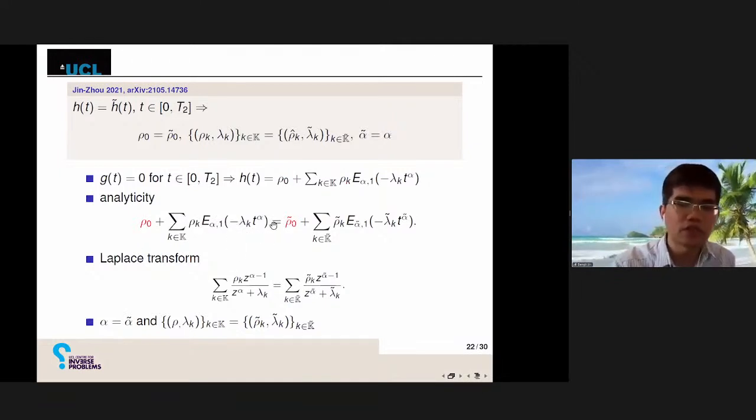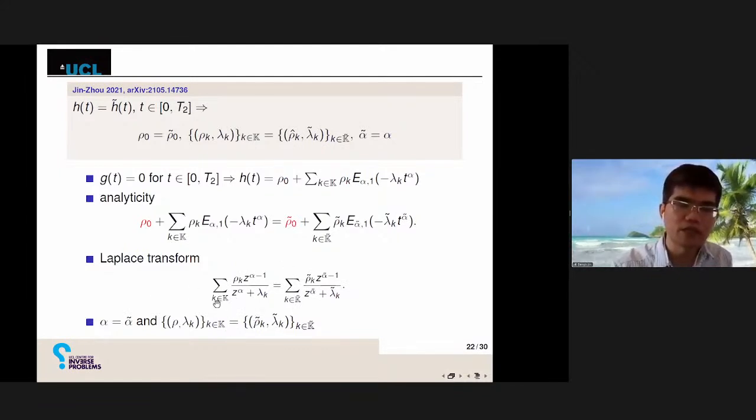For the remaining term, because it is now defined over the positive real axis, we can take a Laplace transform. According to the previous slides, they have a very simple form given here. If we now look at the functions on the left-hand side and the right-hand side, both are holomorphic functions, and they have the corresponding poles. Then you can easily deduce that alpha and the pole locations, lambda k and rho k, must all be equal to each other.